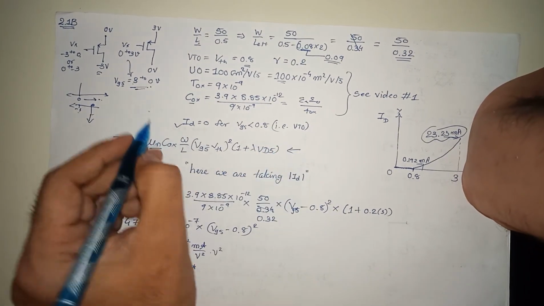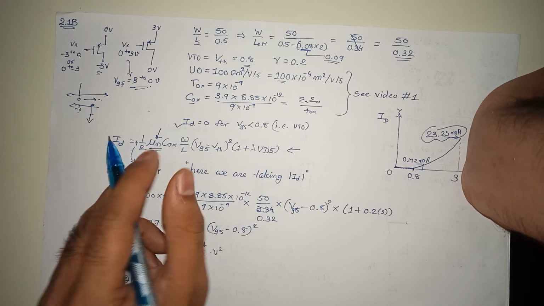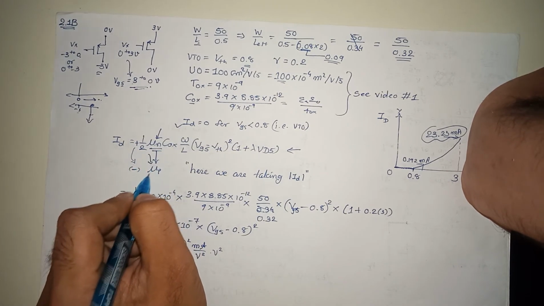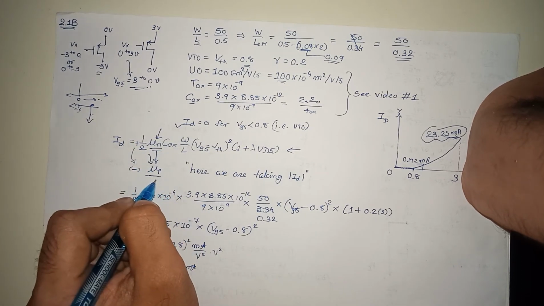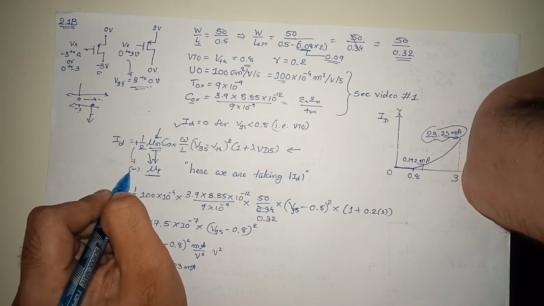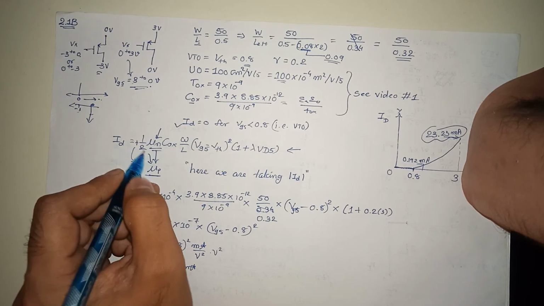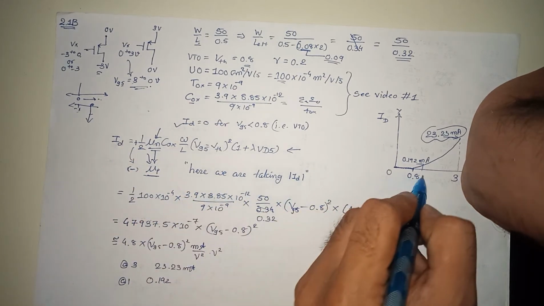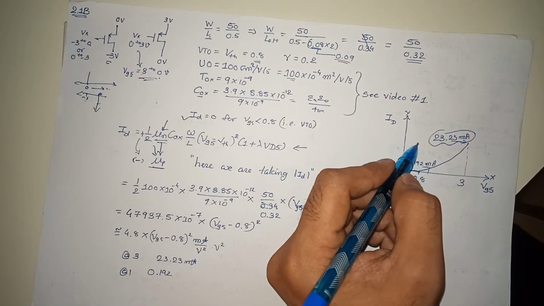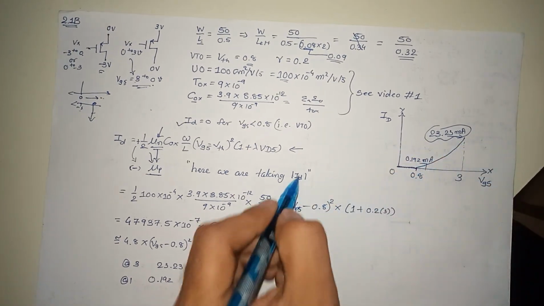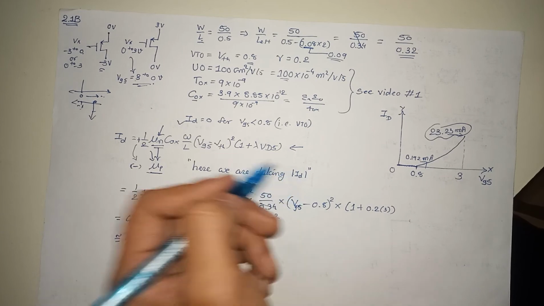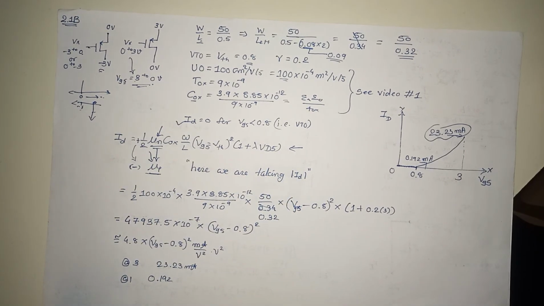This is mu n, this is the equation of NMOS. We need to convert it into mu p for PMOS. The sign will be changed to minus instead of plus, but here we are just interested in the mode of ID, so we will take the mode of ID. We will not consider the sign here.